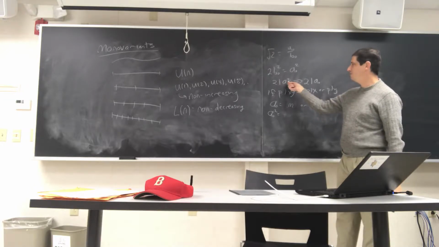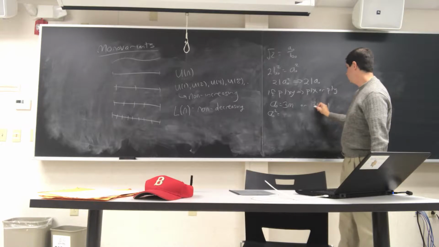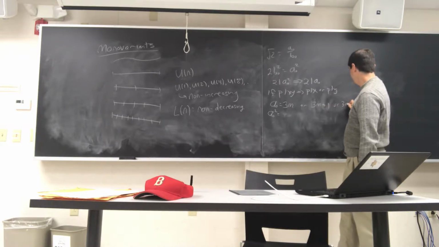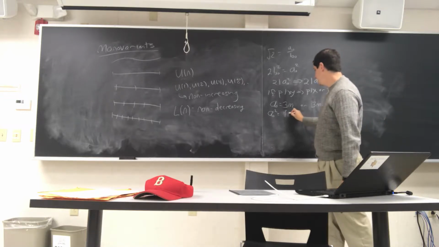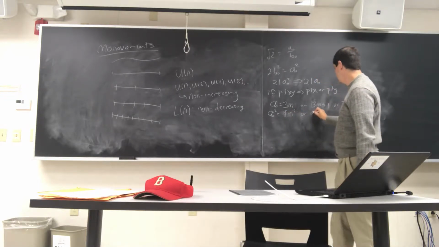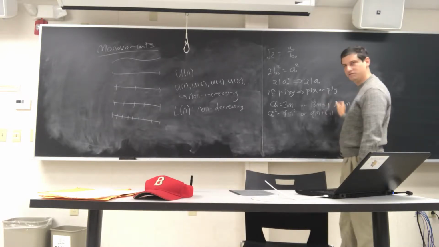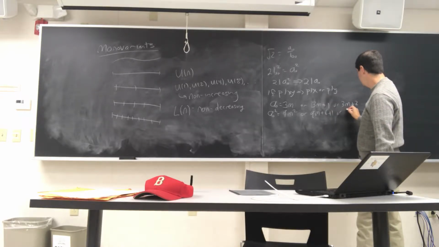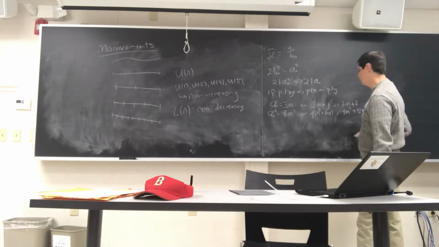So if I want to have 3 divides a naught squared implies 3 divides a naught, I would have 3m or 3m plus 1 or 3m plus 2. And if you want to do it by brute force, we'd get 9m squared or 9m squared plus 6m plus 1, or 9m squared plus 12m plus 4.